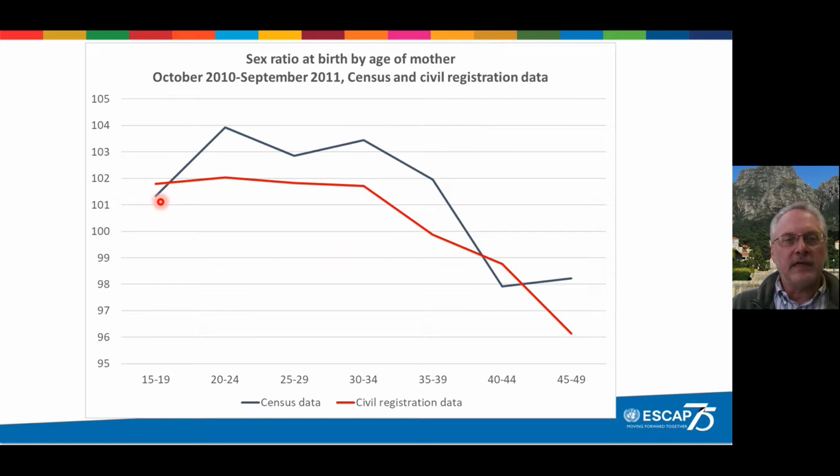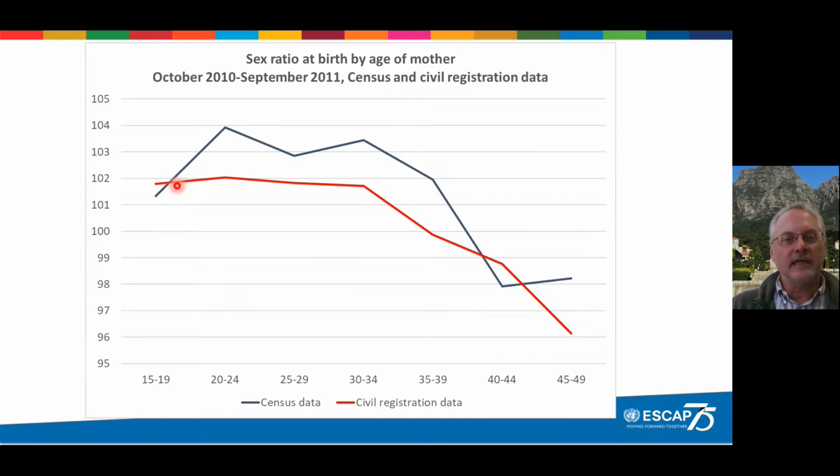And what we have extracted here are data from our census, which is shown in the blue line, showing births in the year before the census, because the question was asked in the South African census of 2011, what was the sex of the last born child? And on the red line, we have the sex ratio at birth covering exactly the same period from October 2010 through to September 2011, as revealed by our civil registration data.